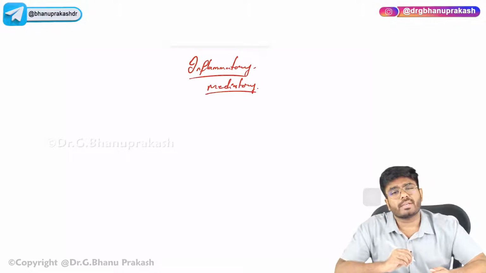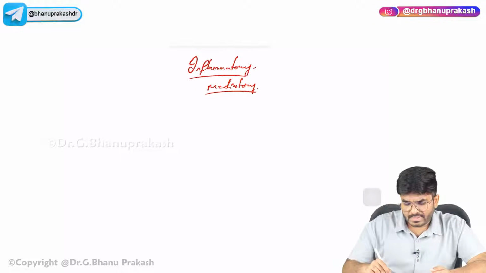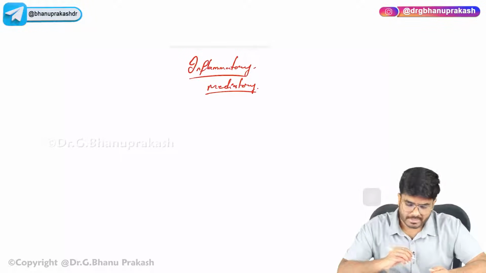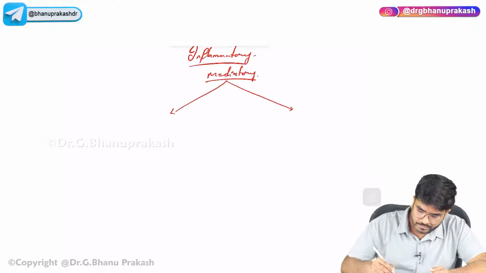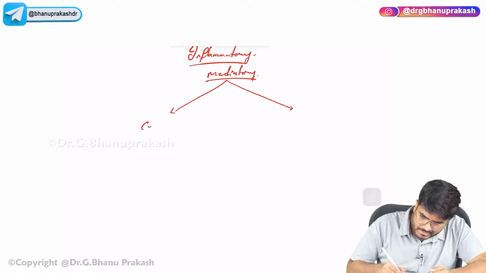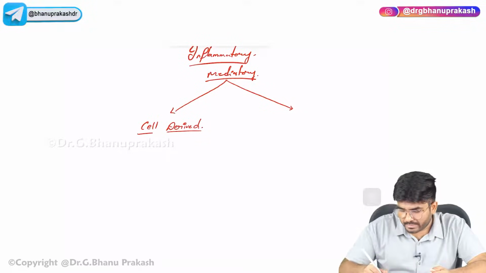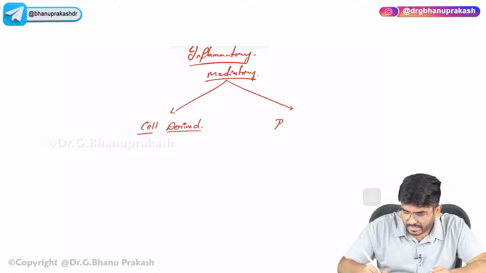Inflammatory mediators. How many types are there? Mainly the inflammatory mediators are classified into two types, cell derived and plasma derived. So you know the difference here itself.